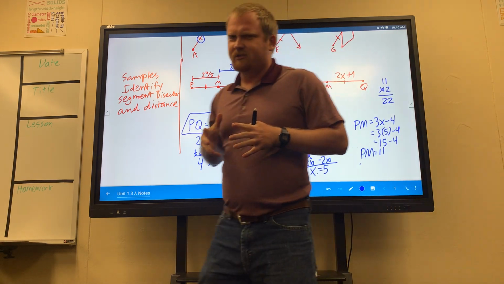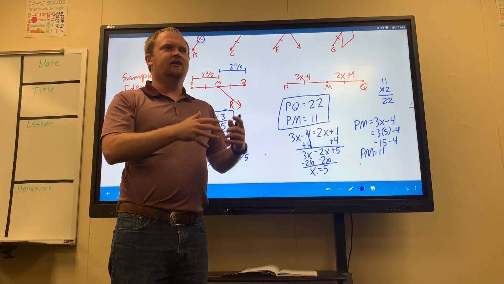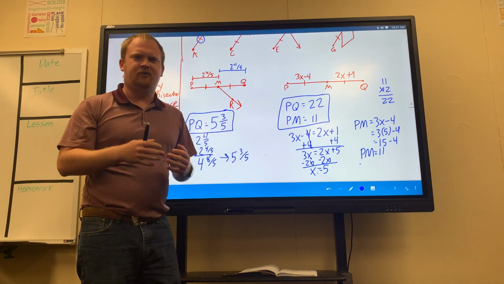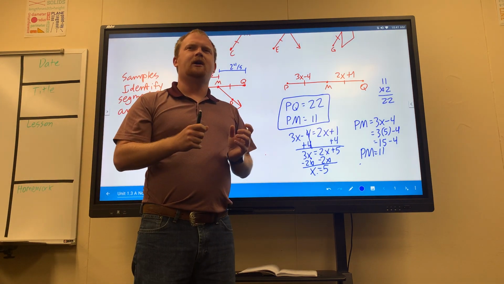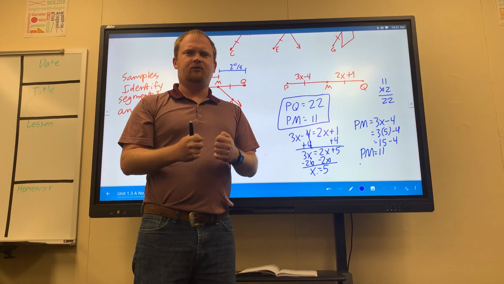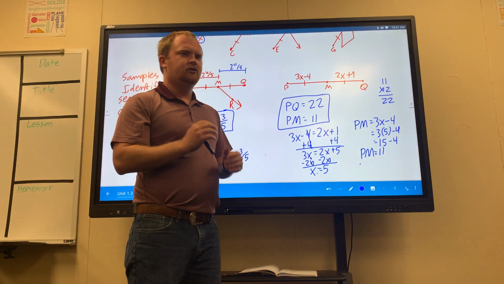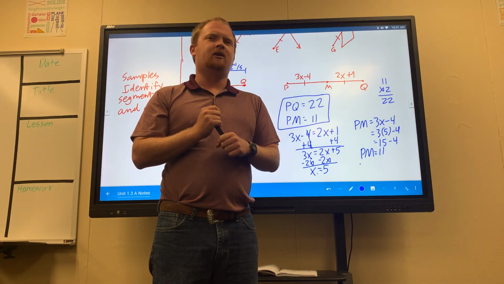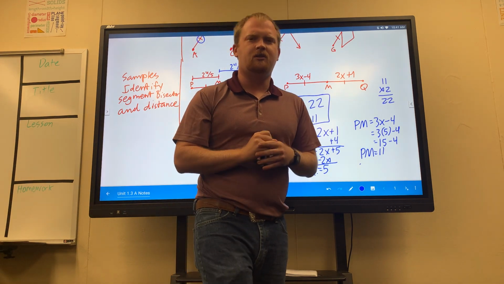So the biggest thing we just got to remember is that when it comes to a midpoint, it's telling us the halfway point of a segment. And just remember, when we're talking about halfway, we're talking about two parts that are equal distance to each other. Okay? So just remember, a midpoint cuts it in half, and when we cut it in half, it's two equal parts. So, thank you, and have a good day.